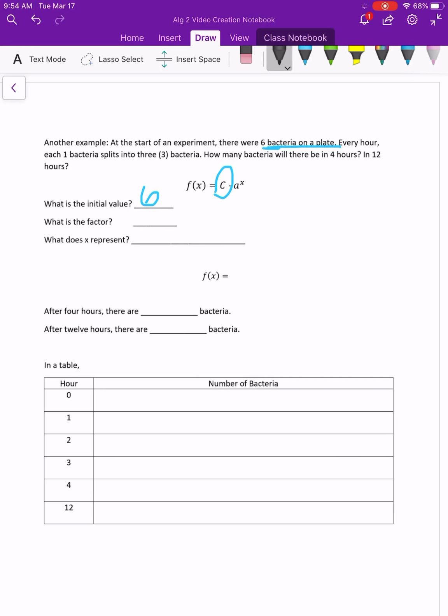So let's start to fill out this table and see the pattern. At hour 0, there are 6 bacteria. And at hour 1, each of these bacteria are going to split into 3 bacteria. So we have 1 bacteria, and it's going to change into 3 bacteria.